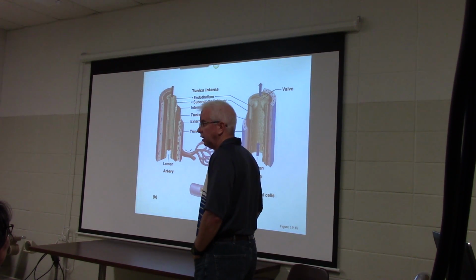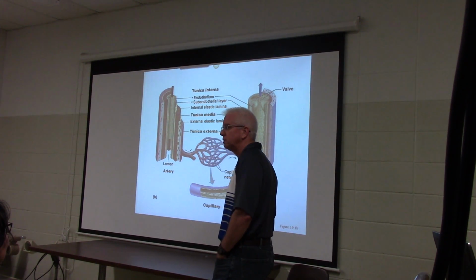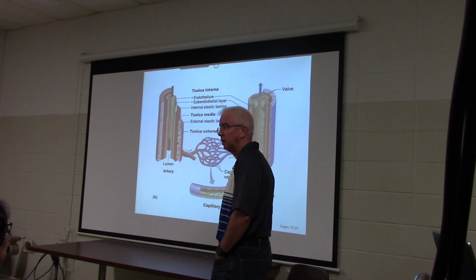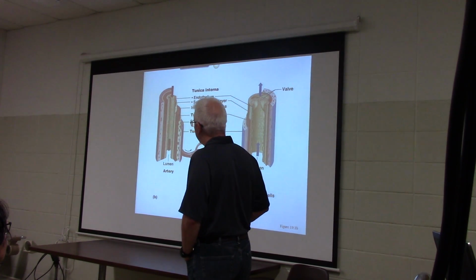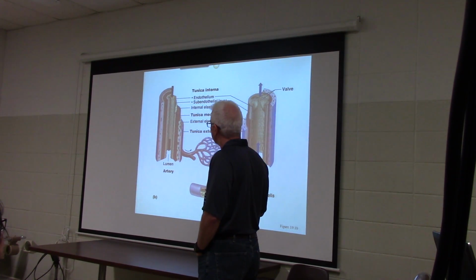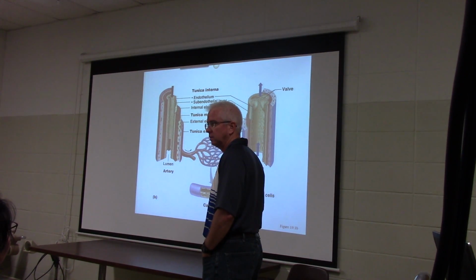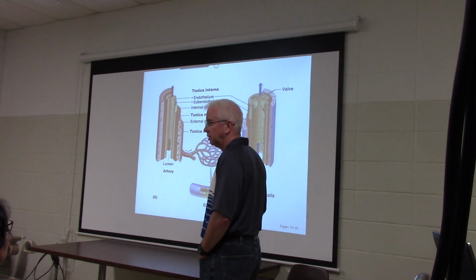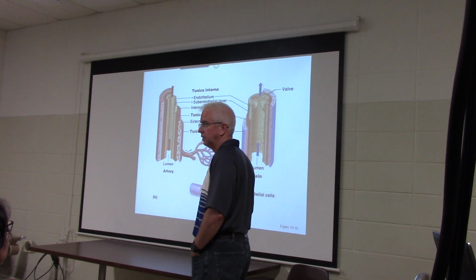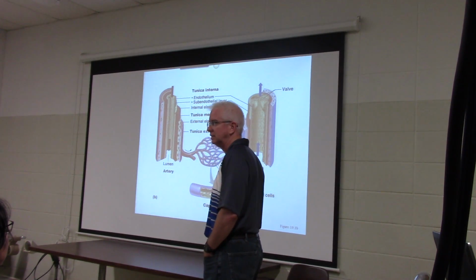You'll learn this, yes? This is a hollow structure, so what would you expect to find next? Yeah, smooth muscle. Now, notice something that I haven't pointed out yet. The tunica media, the smooth muscle layer of the blood vessel, is different in the arterial system than it is in the veins. Can you see that? The smooth muscle layer in the artery system is different than it is in the venous system.